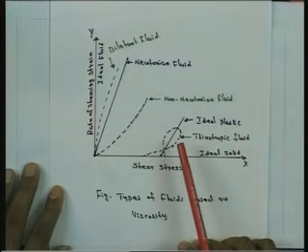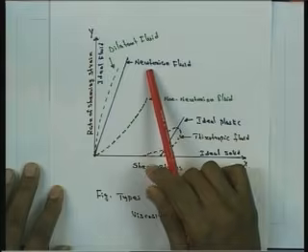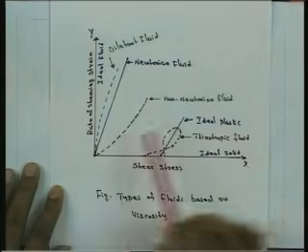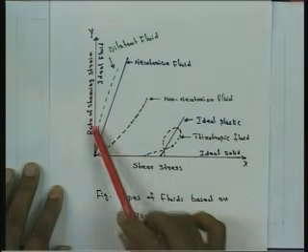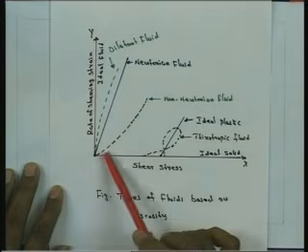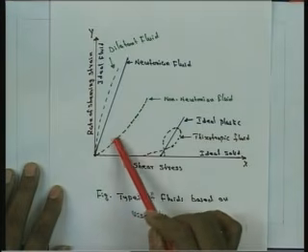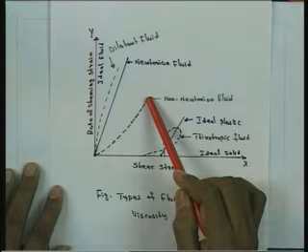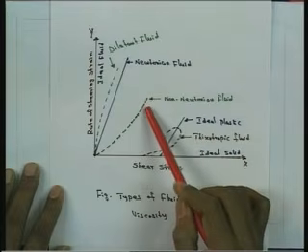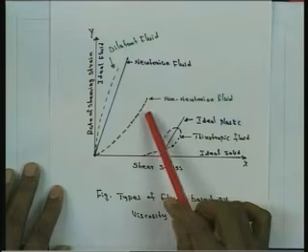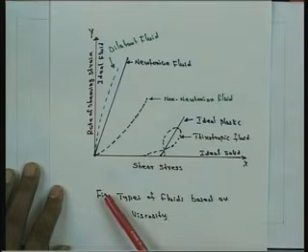That kind of fluid is called a Newtonian fluid. For example, water is a Newtonian fluid. And if this variation is not linear, as you can see in this line, then that kind of fluid is called a non-Newtonian fluid.